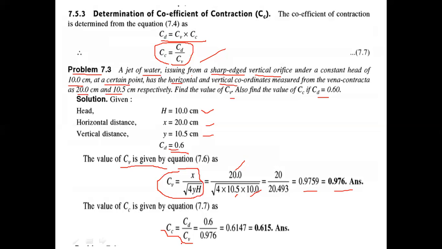What we have got, CD by CV, is equal to 0.615. Got it? So like this, we have to solve the problem for the value of CV as well as the value of CC. Very simple and straightforward problems.